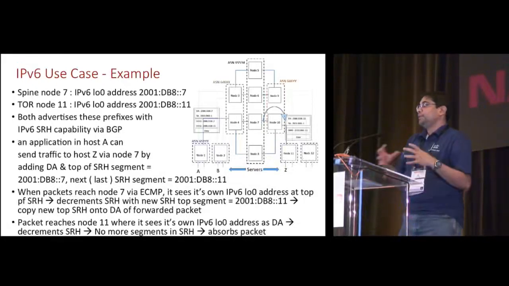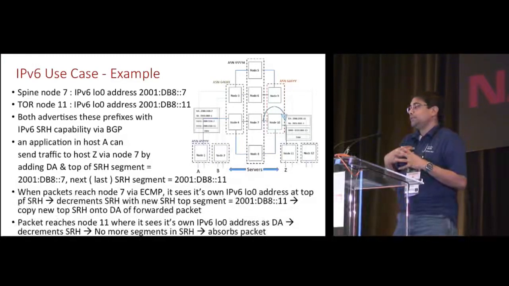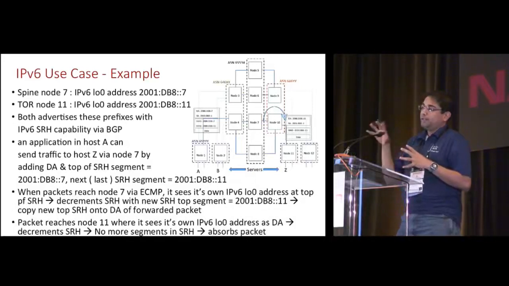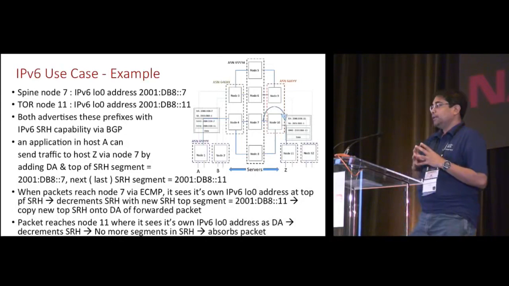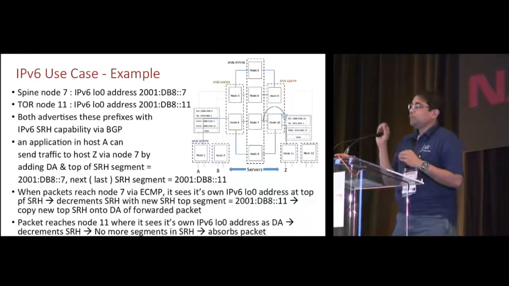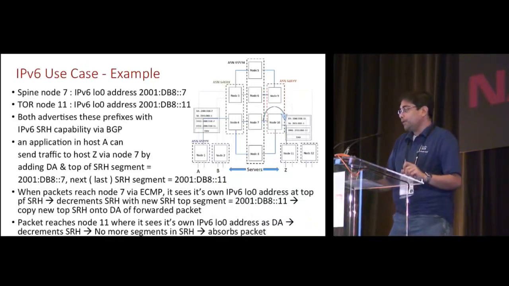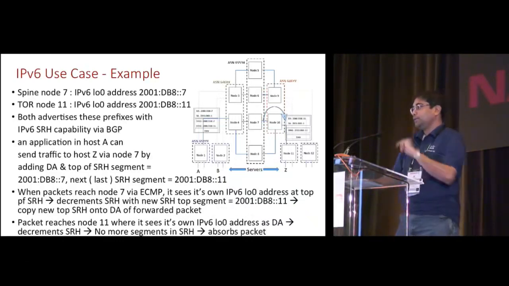And whenever any of these SRH enabled nodes sees its own prefix seed mentioned in the header, it just pops it out and then takes the next one in the header stack, puts it into the destination address and routes it towards it. So if you see, node 1 wants to reach node 11 via node 7.